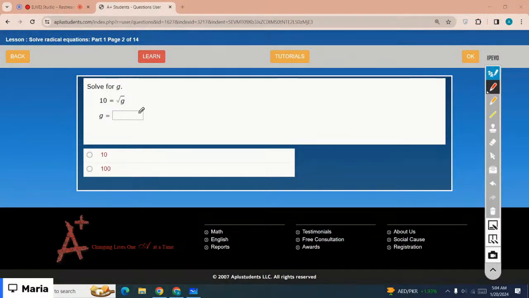Solve for g. That is 10 equals square root g, right? You have to calculate the value of g only. So you need to remove that square root. That means you must square both sides.